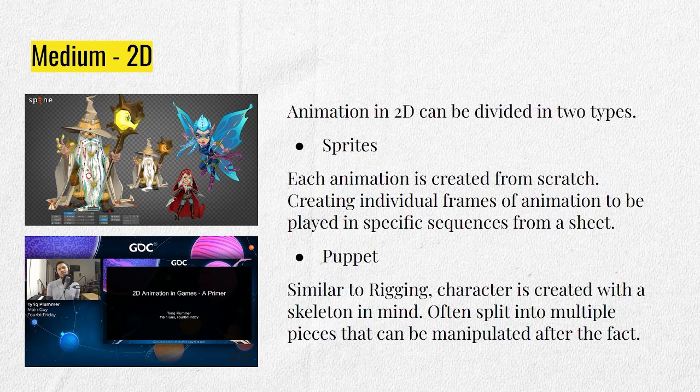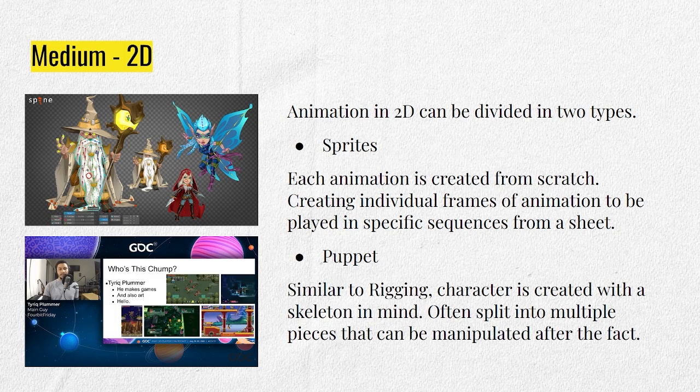You probably saw a lot of people make fun stuff with sprites where, again, each animation is created from scratch. But you create individual frames of an animation, and then you essentially compile those frames in a specific way. For example, if you have a running animation, you'll have 1 foot in front of the other, 1 foot passing, 1 foot landing on the ground, and you just kind of play those in a sequence, and everything looks good.